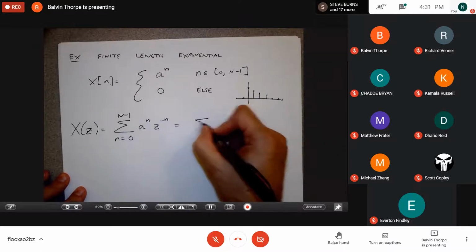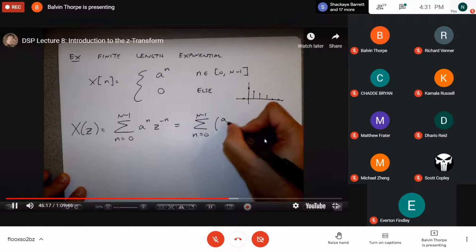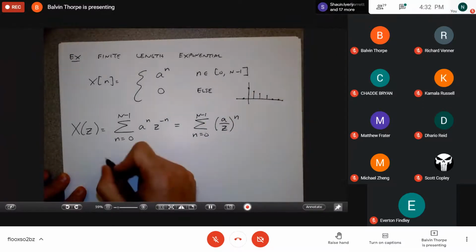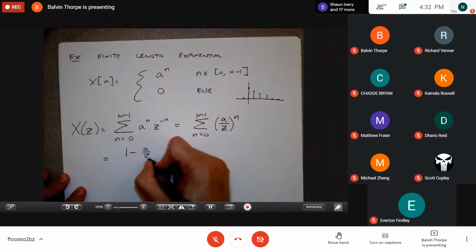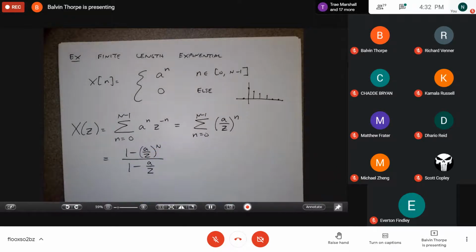And again, this kind of looks similar to what I had before, except now I can write the answer, which is going to be 1 minus this thing to the n power over 1 minus this thing. You know, this is going to be true no matter the value of a, right? The reason is that the finite sum formula is valid.